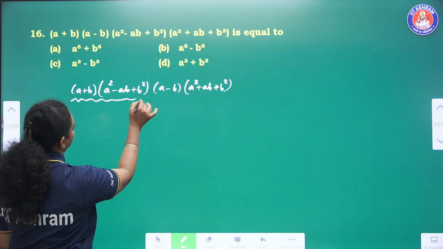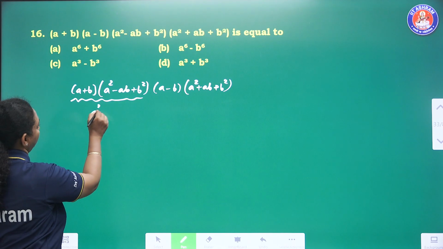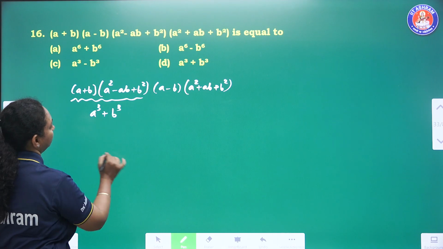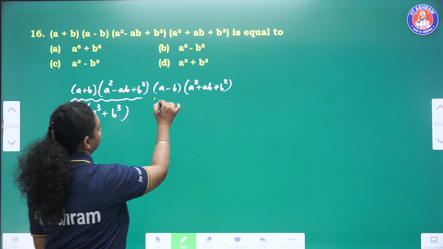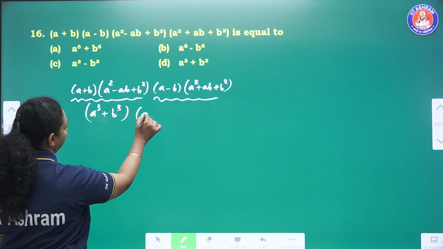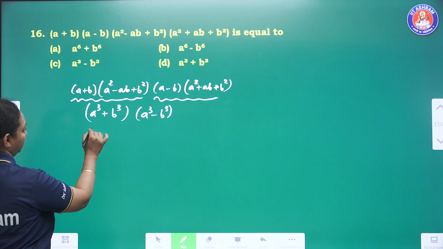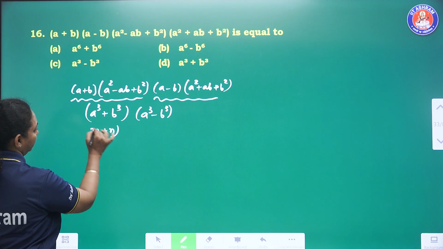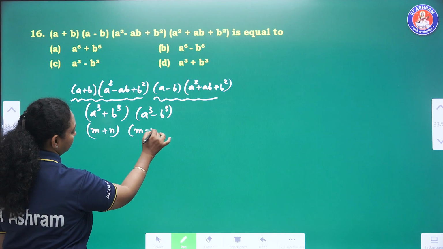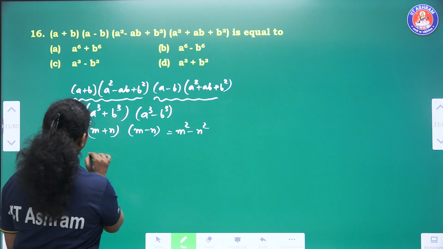So this is equal to A cube plus B cube, and the product of these two is A cube minus B cube. It just looks like m plus n into m minus n, which is equal to m square minus n square.